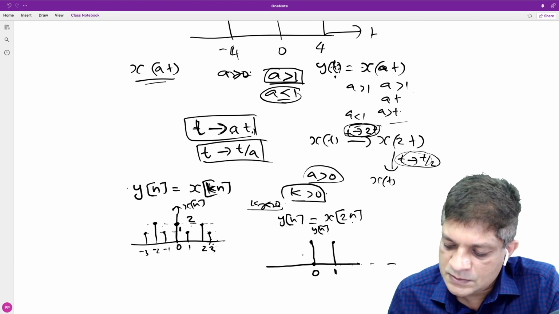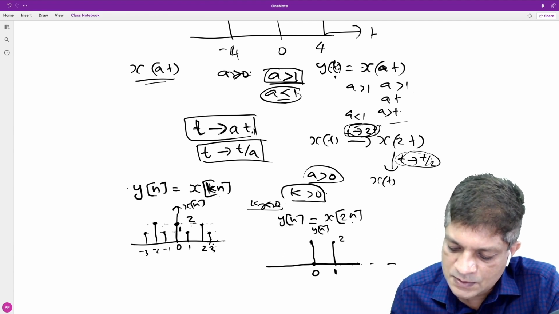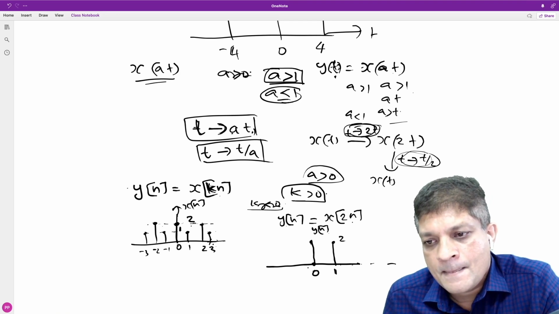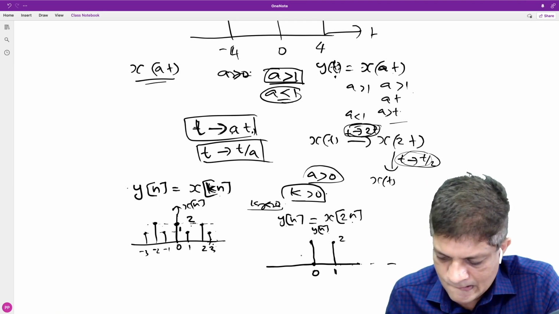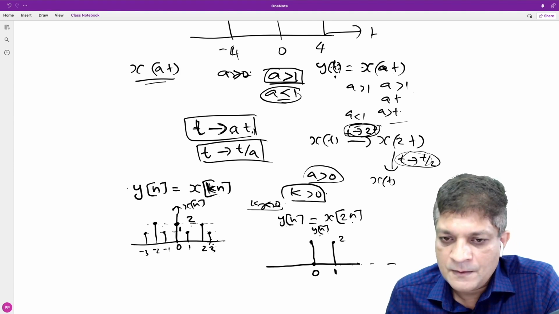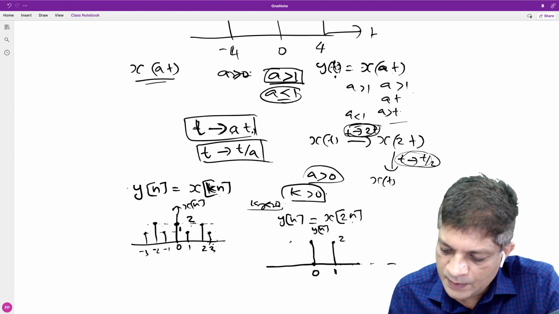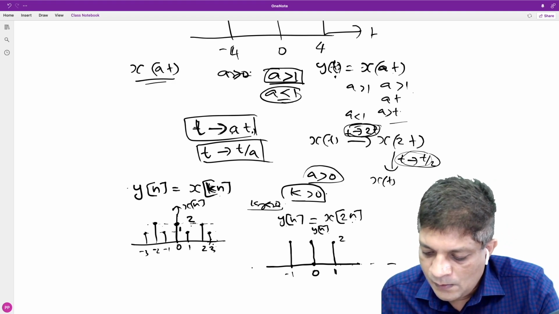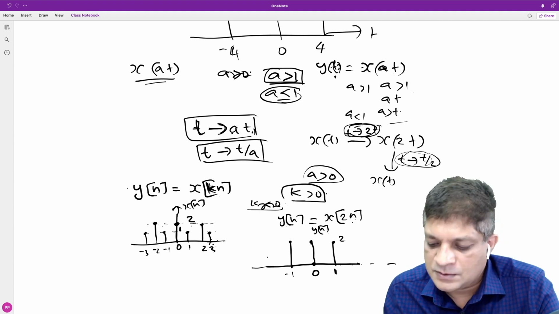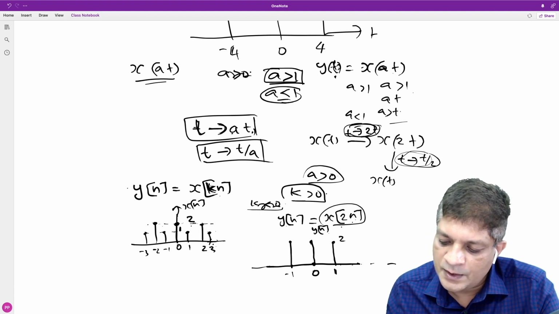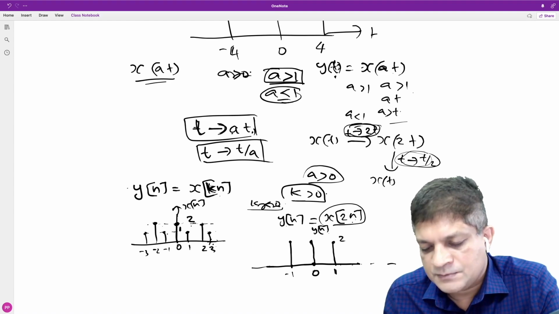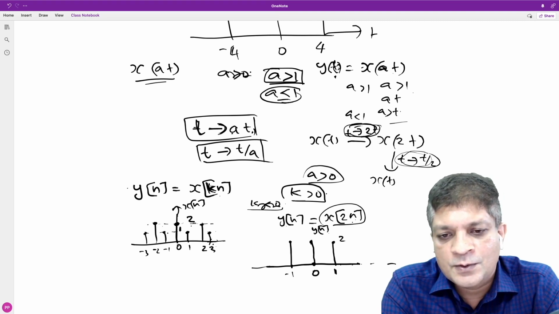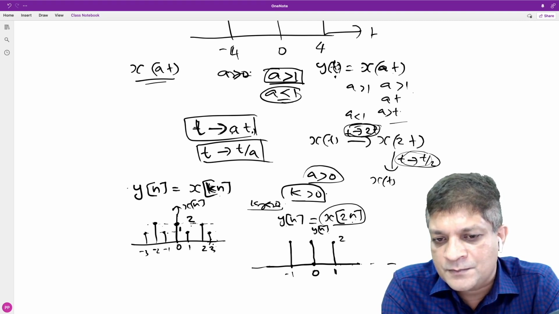So all these values are 0. Now what happens on the negative side? y[-1] is x[-2], that is 2, and all other values are 0. So this is x[2n]. Now tell me, is it a compressed version of this signal x[n]? No, it is not a compressed version of the signal.